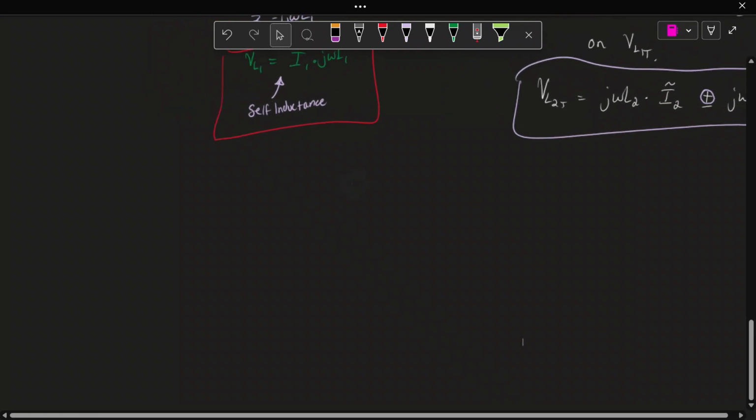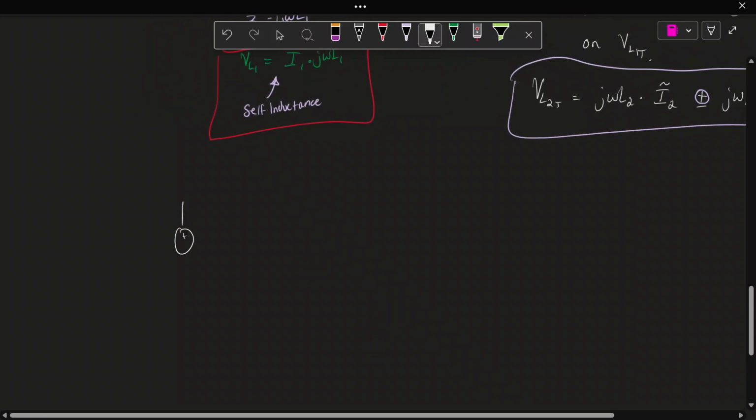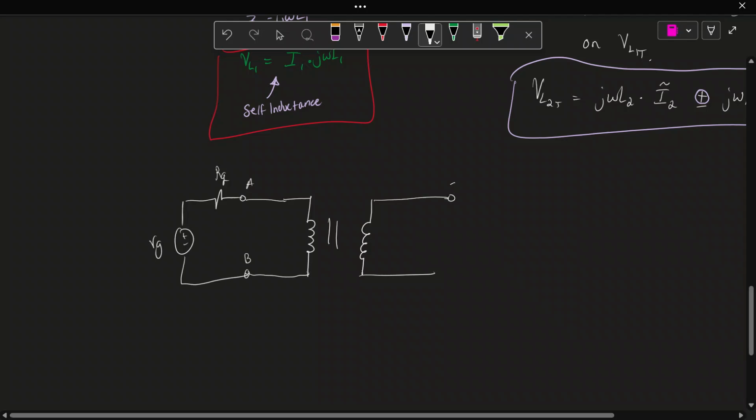Let's just say, let's see, so this is VG, the source voltage here, with source resistance R of G. So let's say we have this inductor here, and it's magnetically coupled with this inductor here, and we have this load resistor.